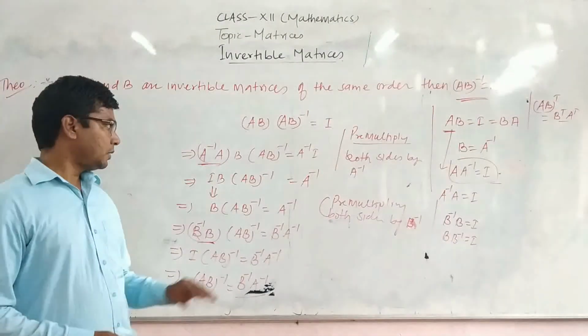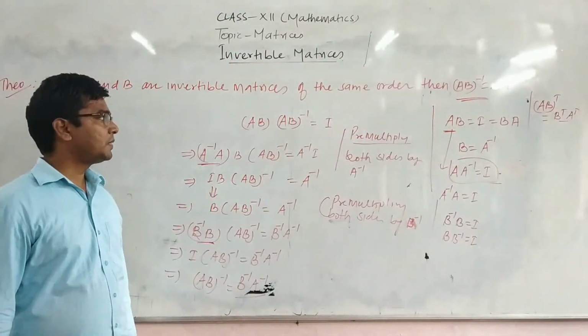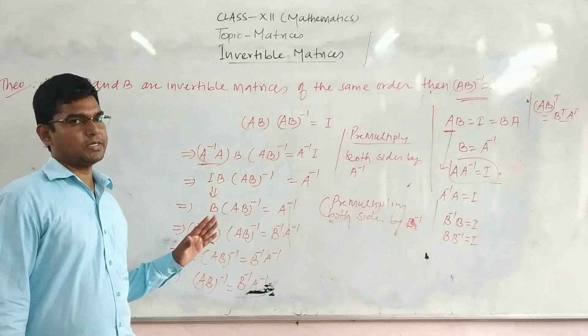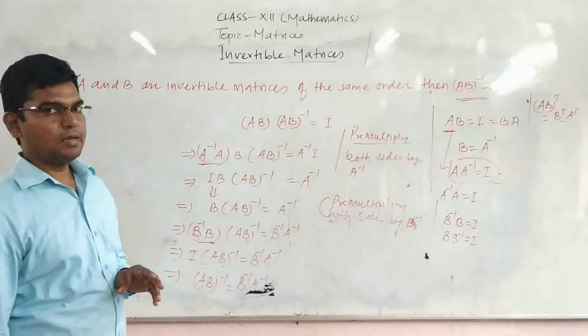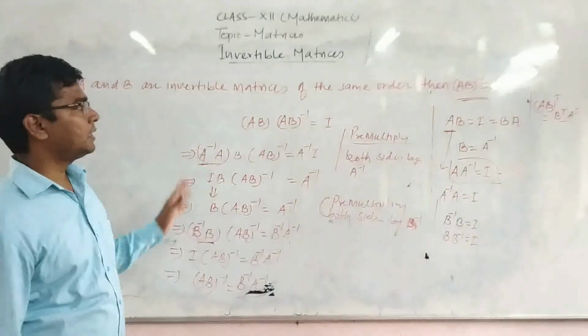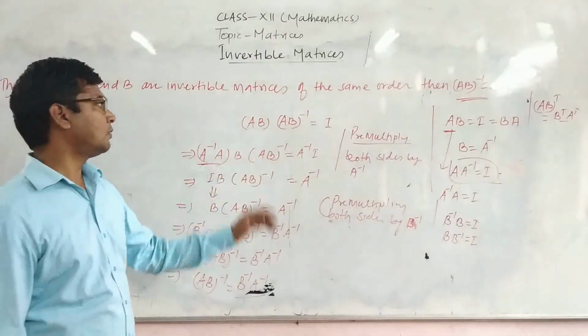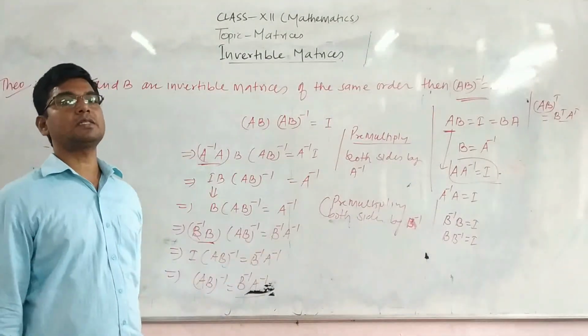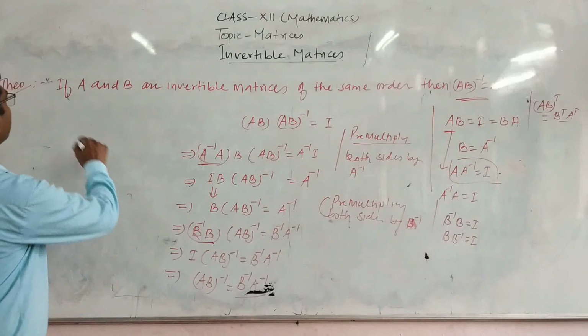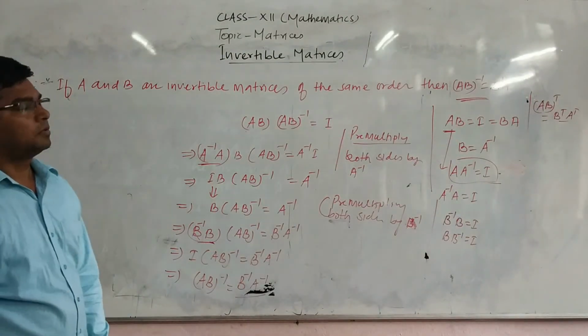The important part is that pre-multiplication or post-multiplication, because for the matrices to be conformable we are doing pre or post multiplying. You can go with both, but we want to show that AB inverse is equal to B inverse and A inverse. So this is about theorem number 4, right?